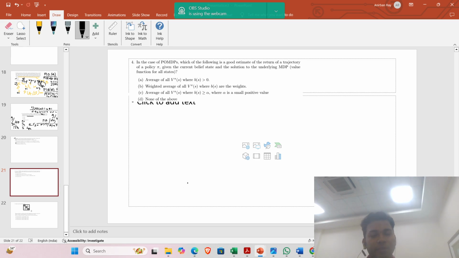In case of POMDPs, which of the following is a good estimate of the return of a trajectory of a policy pi, given the current belief state and the solution to the underlying MDP? It is the weighted average of V pi, where the belief states are the weights.